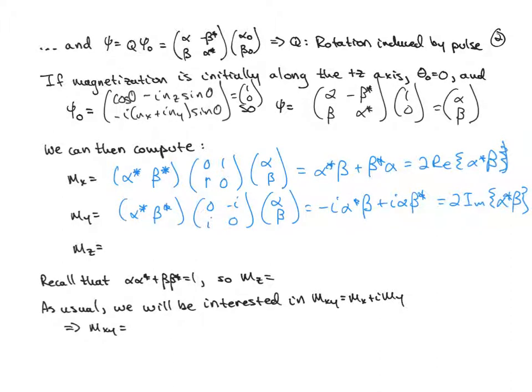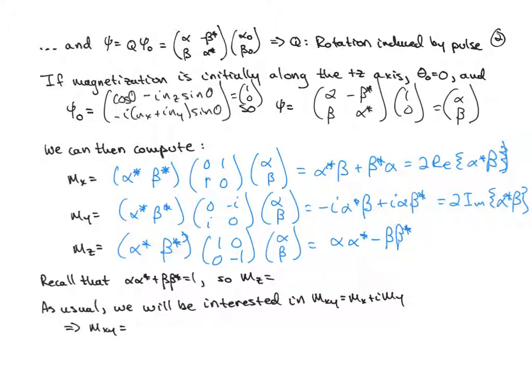mz is different, though, since it has entries on the diagonal of its rotation matrix. Alpha conjugate, beta conjugate, times 1 0, 0 minus 1, that's sigma z, times alpha beta, which has a simpler expression: alpha alpha conjugate minus beta beta conjugate. Recall again that earlier we said that in order to still only have 3 free rotation variables, we have to enforce that alpha alpha conjugate plus beta beta conjugate equals 1.